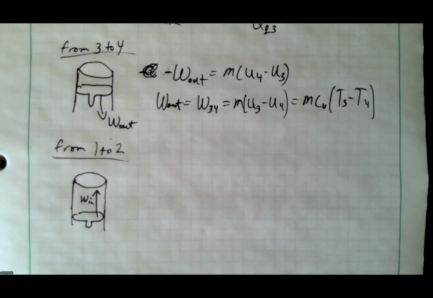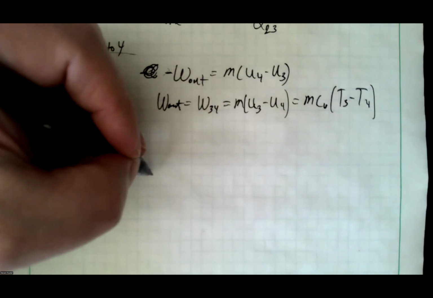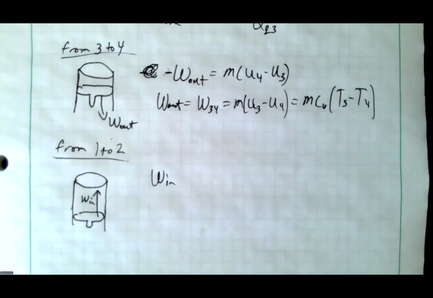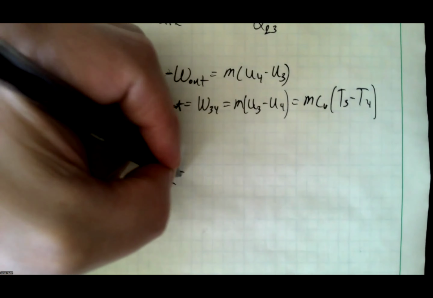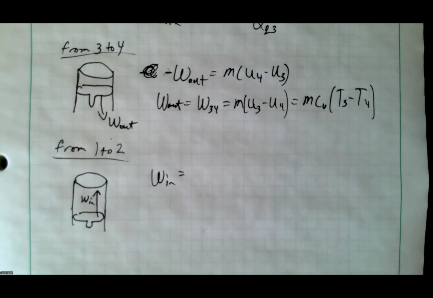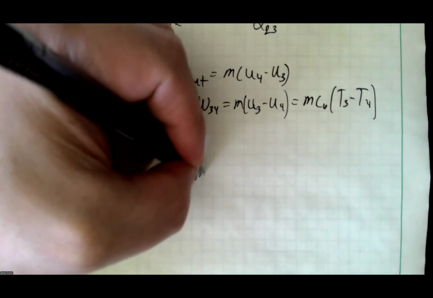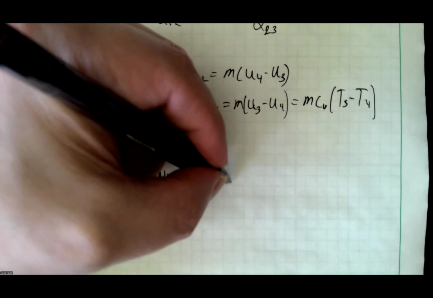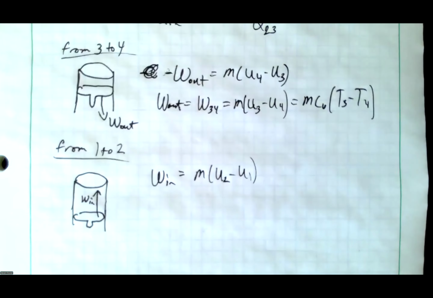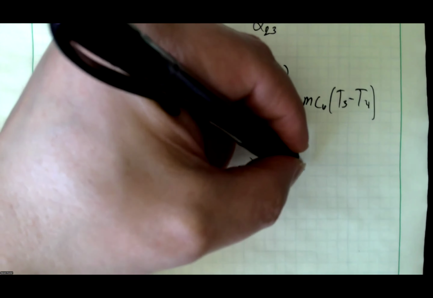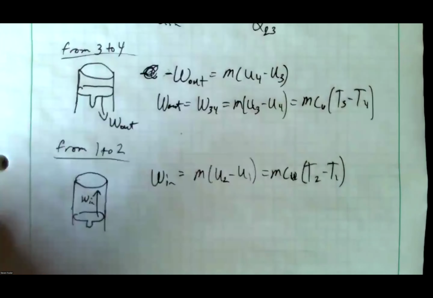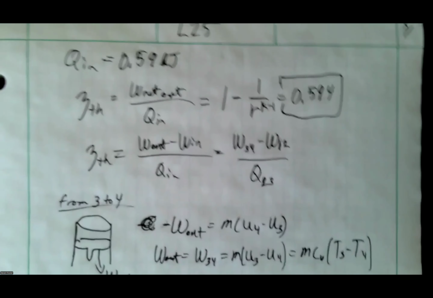Because all these processes are reversible, we know it's adiabatic. So the first law says I've got work in, there's no heat transfer because it's adiabatic, equal to m, and going from state 1 to 2, it's u2 minus u1. And this becomes m c sub v times T2 minus T1.